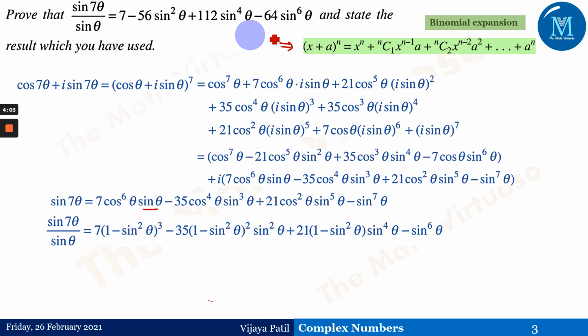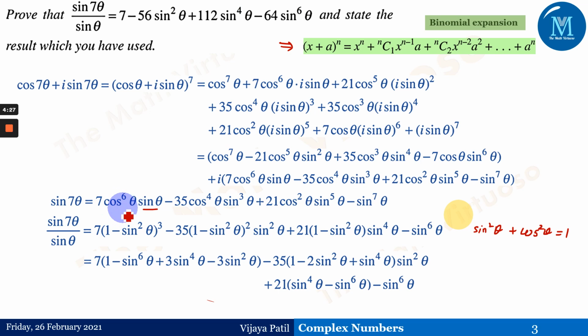But if you observe, the right-hand side is asked in terms of sin only, there is no cos term, so we change those terms. Every cos term is changed using the trigonometric formula sin square theta plus cos square theta equals 1.